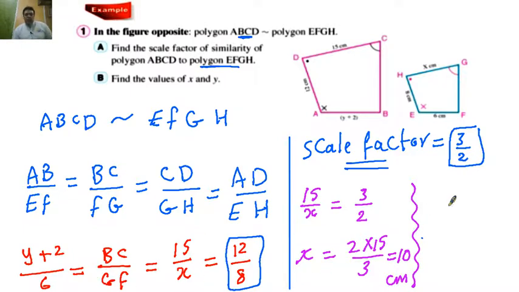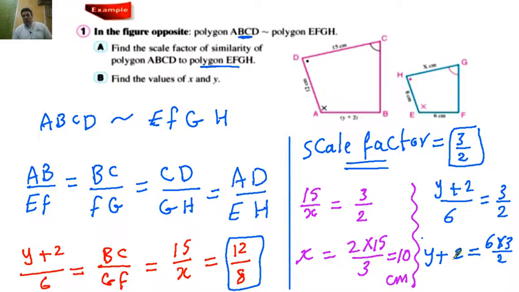Number 2, y plus 2 over 6 equals 3 over 2. Then y plus 2 equals 6 times 3 over 2, which is 9. By adding the additive inverse of 2, the result is 7 centimeters. Then the value of x is 10 and the value of y is 7.